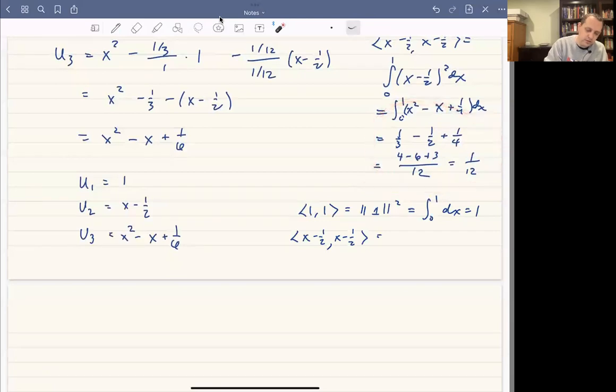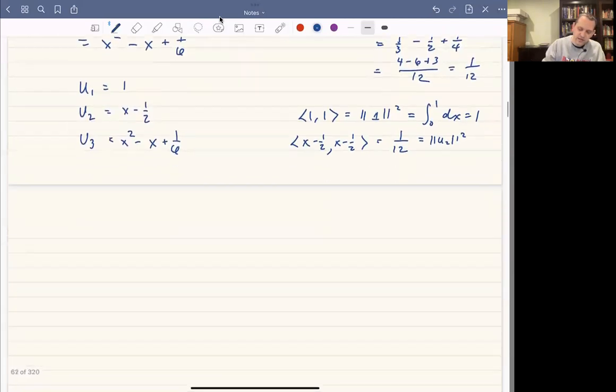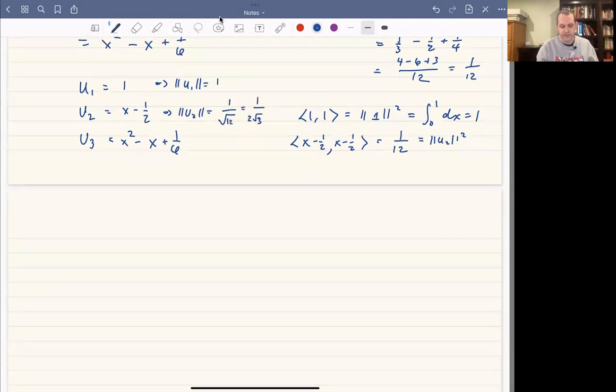So that happened to be 1/12. This is the length squared. So that means the length of the vector u2 is going to be 1 over square root of 12. So that's going to be 1 over 2 square root of 3, just to make the algebra a little nicer.